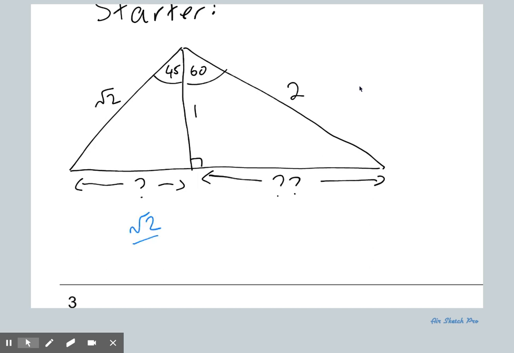I'll just write it here for a second. But if you remember that root 2 on 2 originally came from rationalizing 1 on root 2, then you've got your opposite over your hypotenuse already.